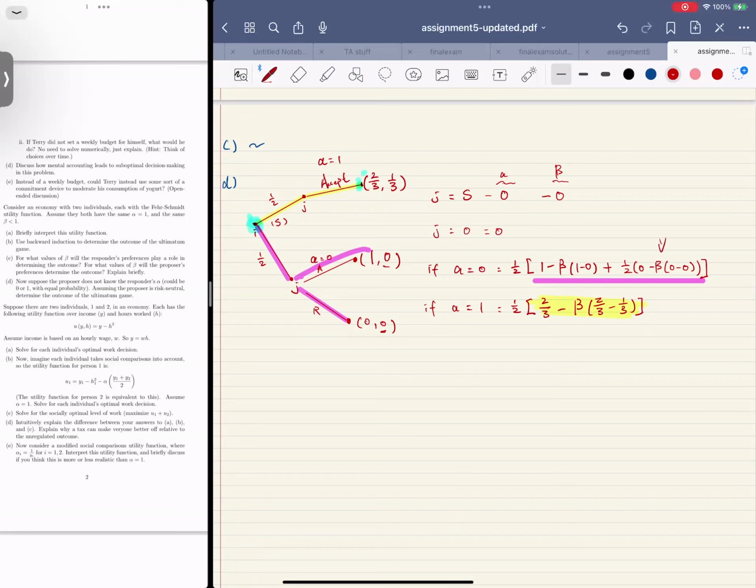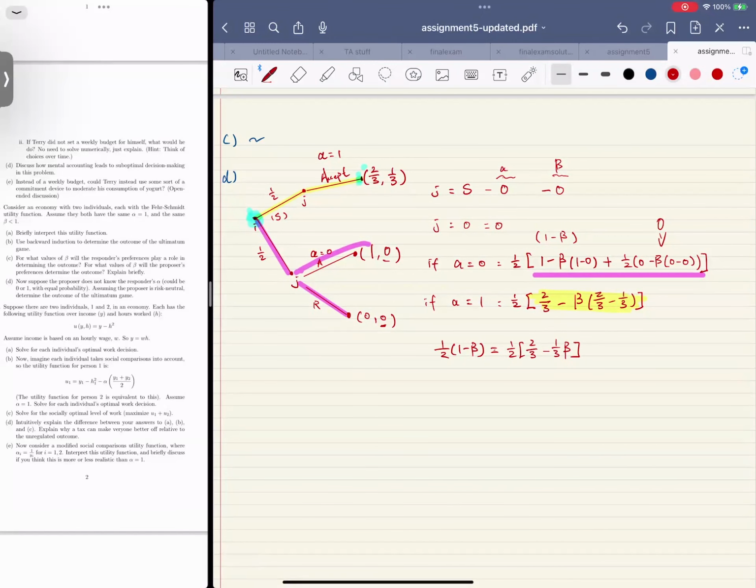So this thing equals 0, and 1 minus beta, so this is 1/2 of 1 minus beta equals 1/2 of 2/3 of minus 1/3 beta, right?